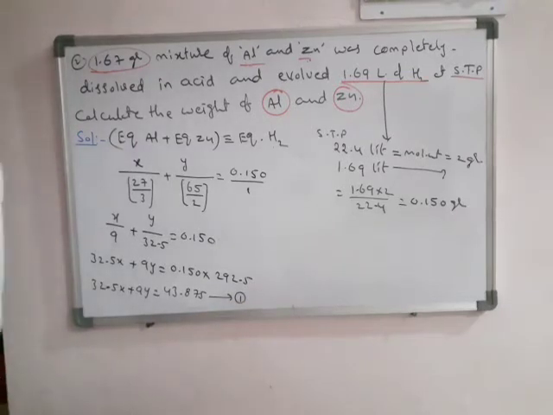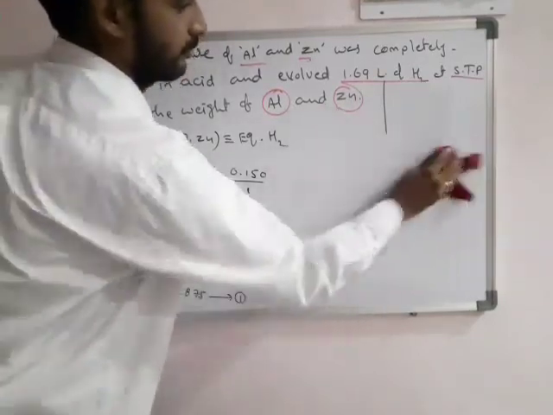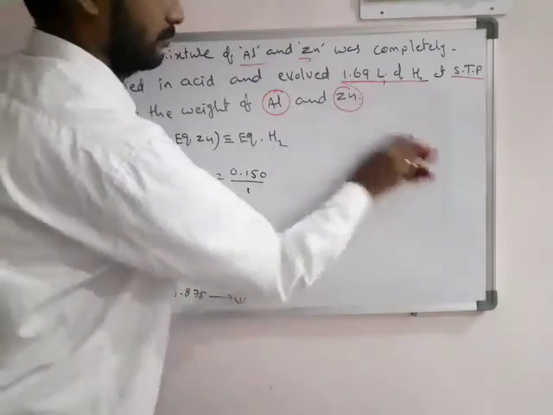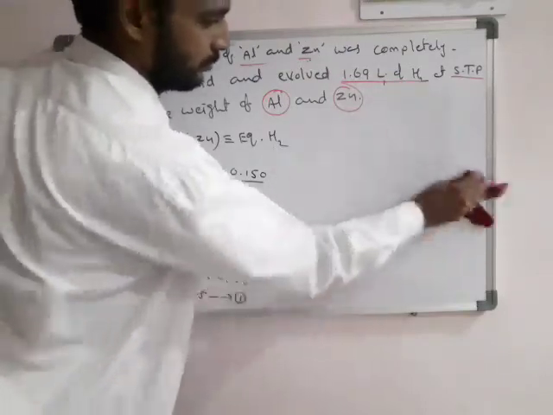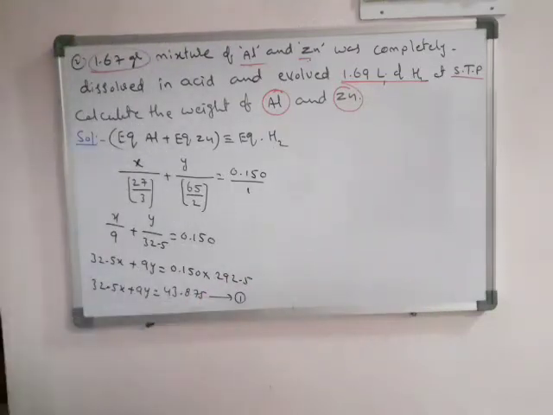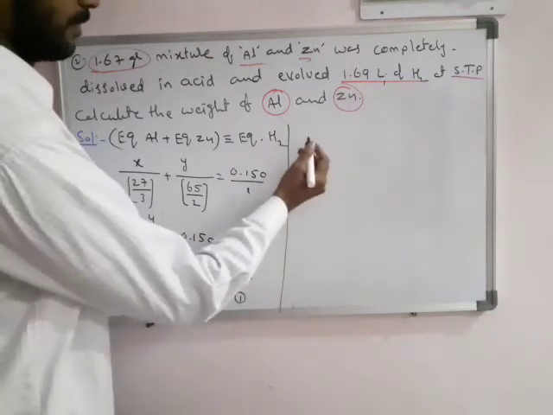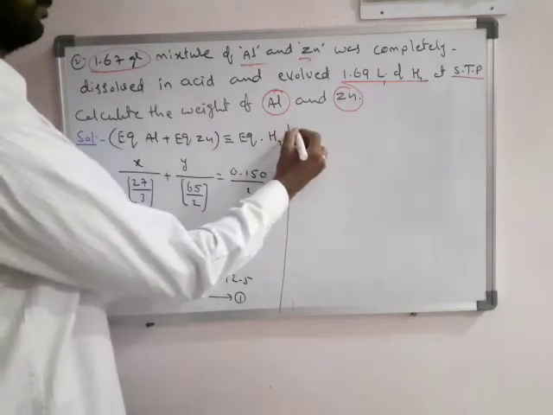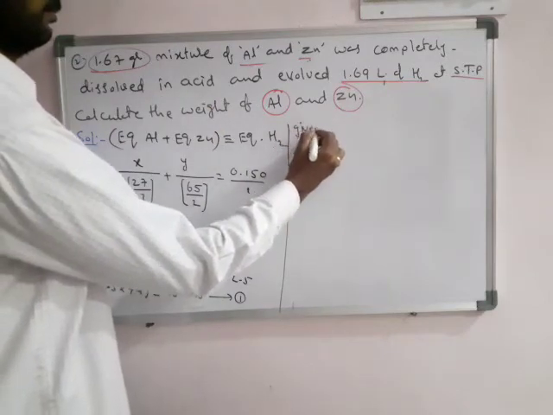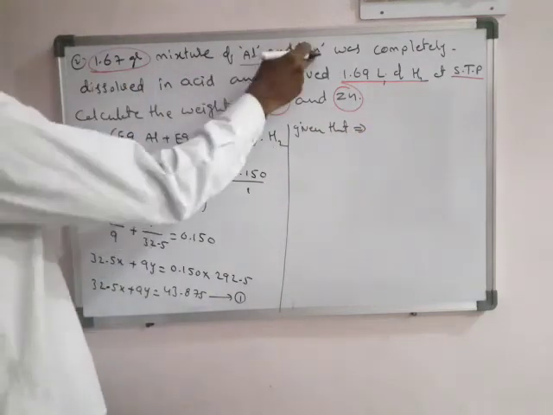Okay, so next, according to the given problem, 1.67 grams of aluminium and zinc.